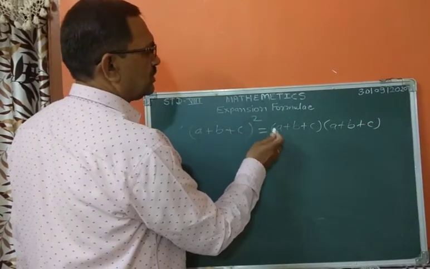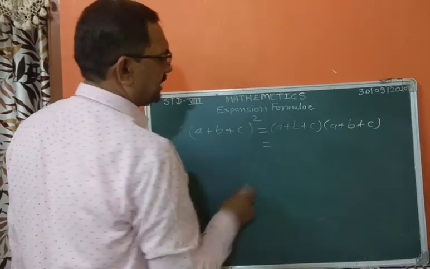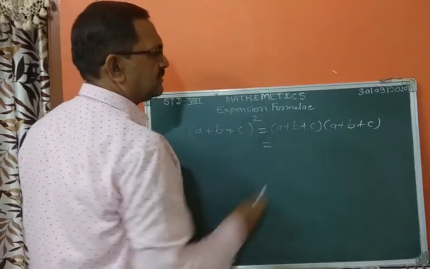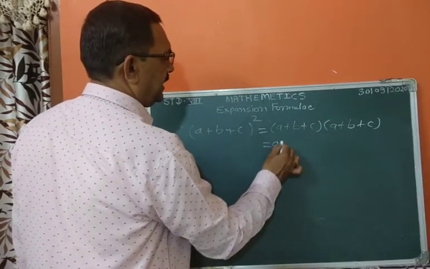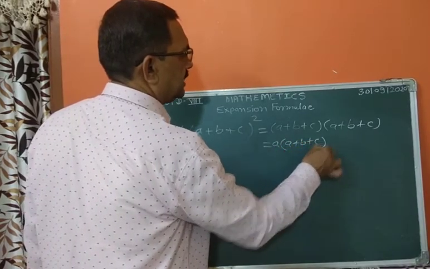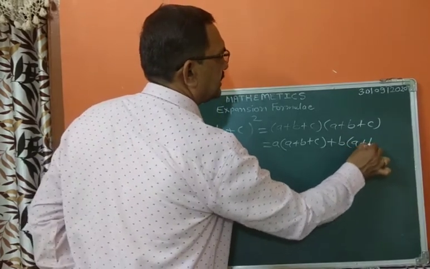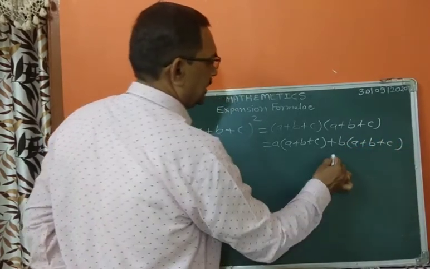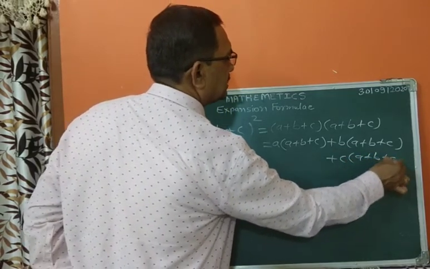Then here also multiply the first term to the second bracket, the second term to the second bracket, and the third term to the second bracket. Here a into (a plus b plus c), then plus b into (a plus b plus c), then plus c into (a plus b plus c).